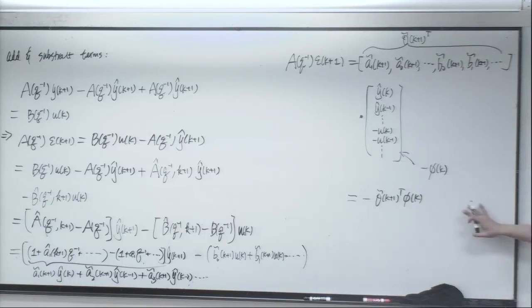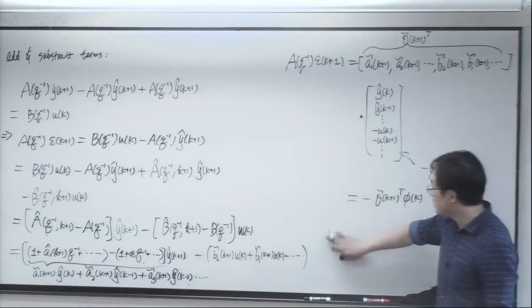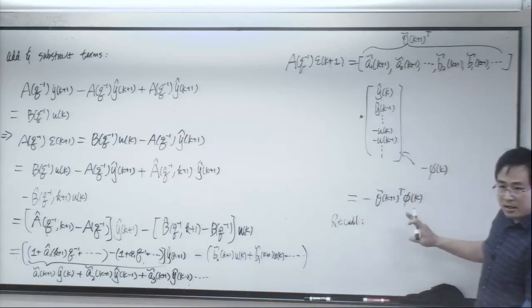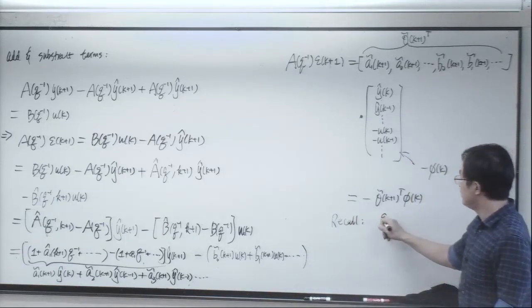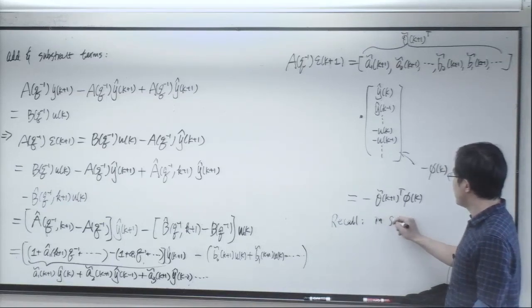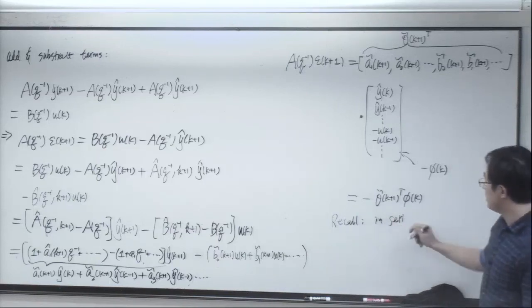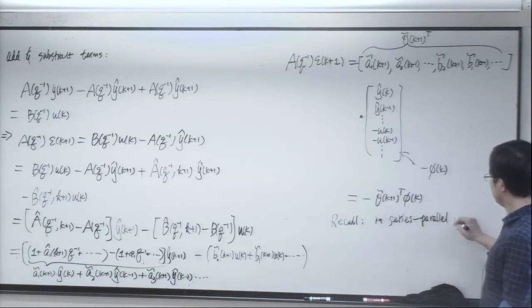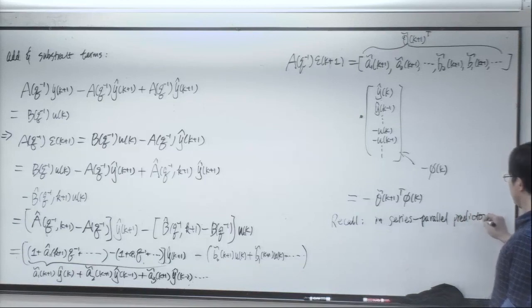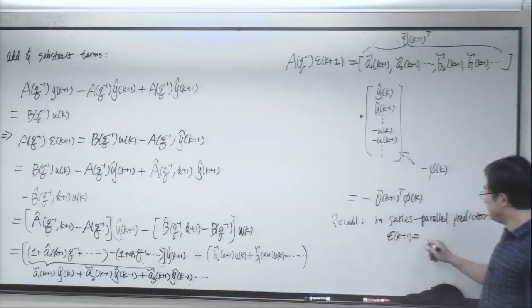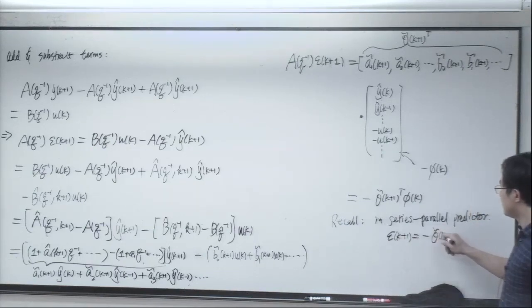And then once you see this step, you can immediately write out the block diagram. Because, recall, what we did last time, in pure recursive least squares, what do we have? In the series parallel predictor, now we can use the official name. In that, if you take a look at your notes, the arrow is negative theta tilde k plus 1 phi k.